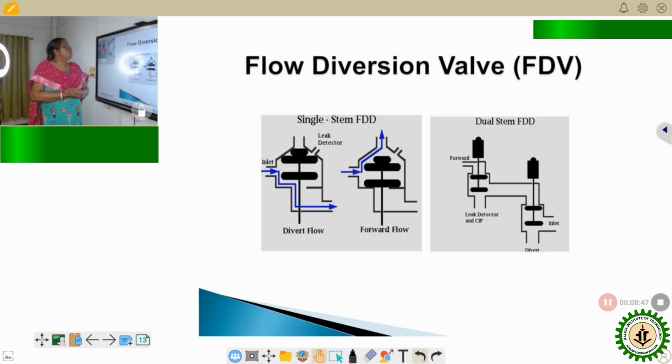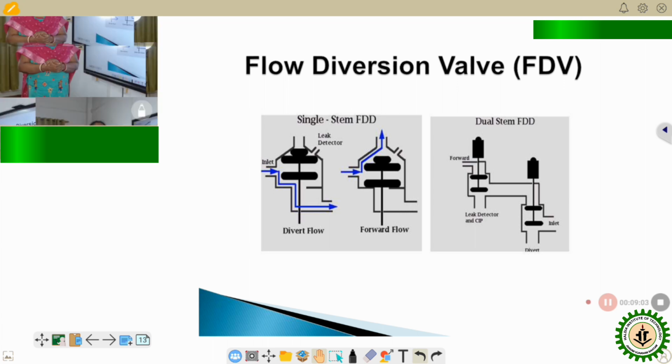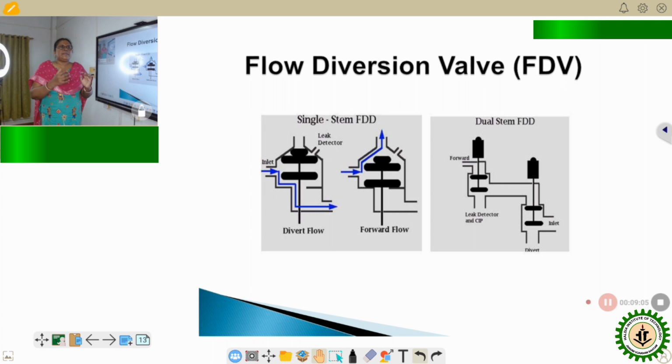So next is the flow diversion valve. After the holding section, a valve exists which is known as the flow diversion valve. It is one of the important attachments in this system, because it directs the route of the milk, depending on whether the milk is properly pasteurized or not.